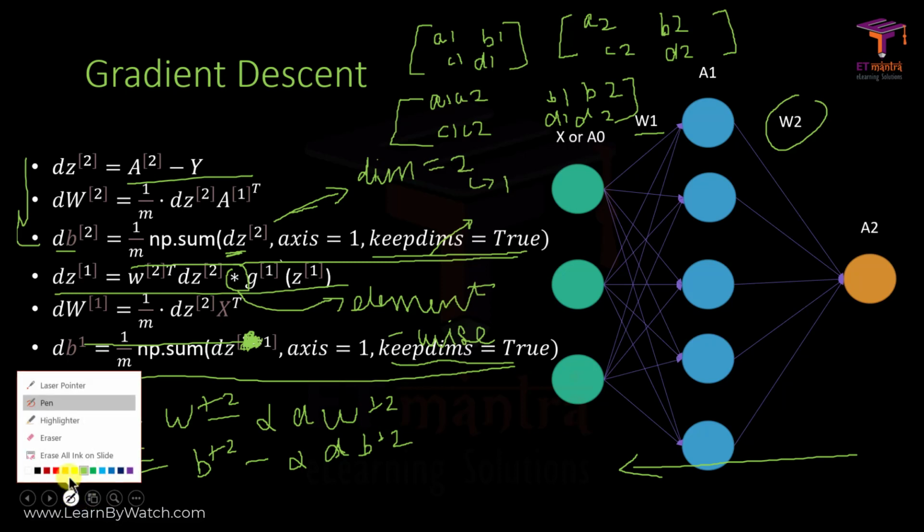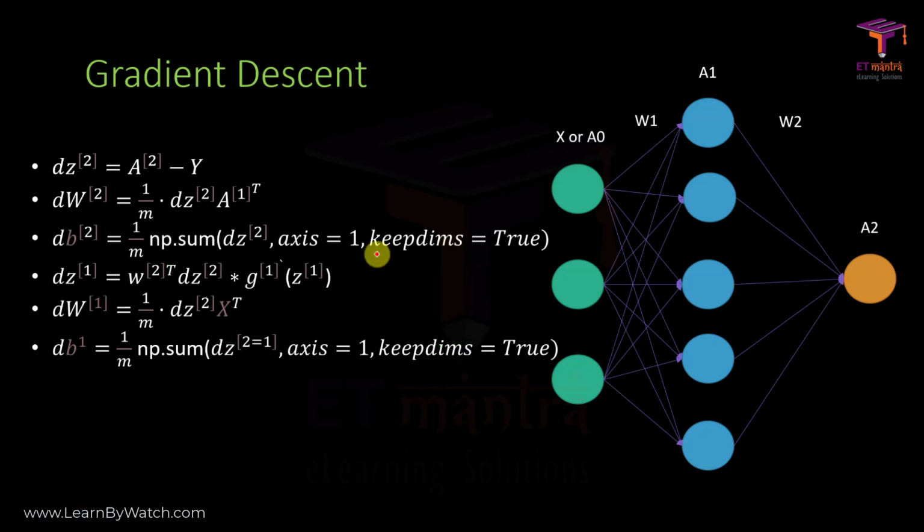Let me first clear this slide. Okay, in gradient descent, we are actually going backwards and calculating all the gradients and updating the parameters. You can see we start from dz2, which is here, and then we go all the way till dz1, which is here. So we are moving backwards.